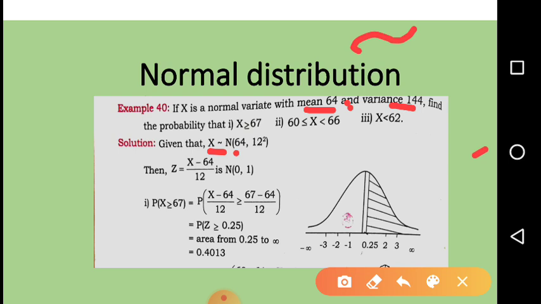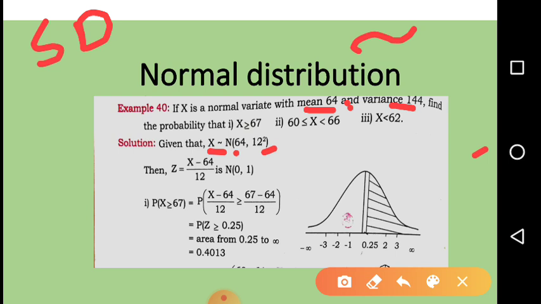Why am I writing 12 squared? See, variance is given. We need the standard deviation, SD. So how do you write that variance as standard deviation? That is 12 squared, 12 times 12 is 144. So if the variance is given in the question, you have to write it as the standard deviation, 12 squared.